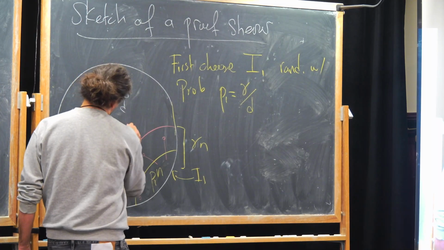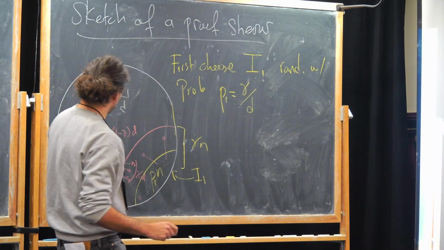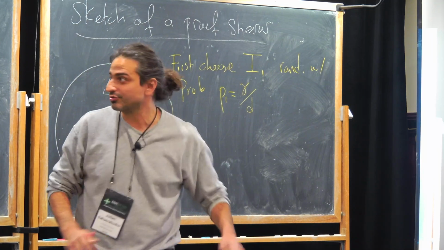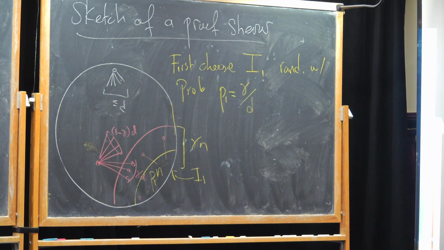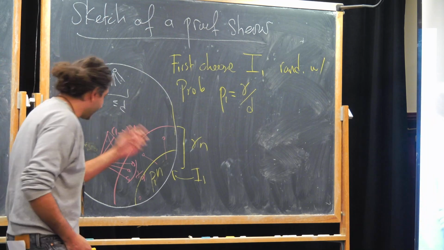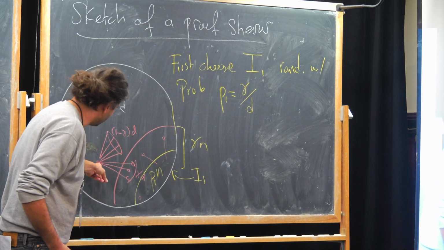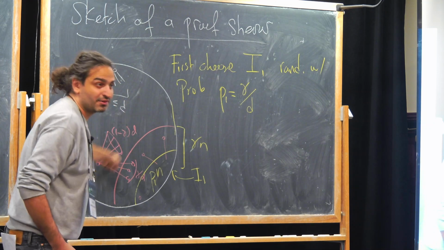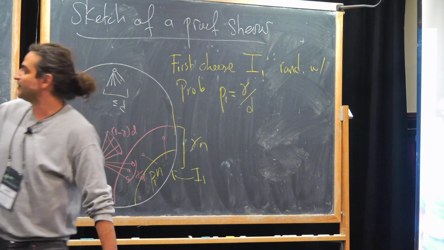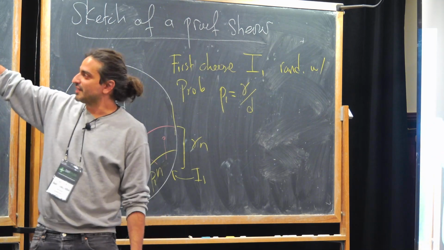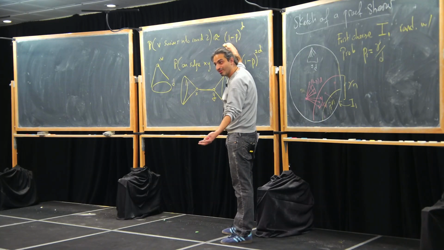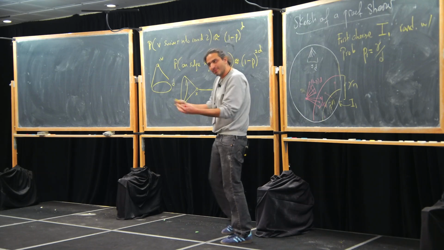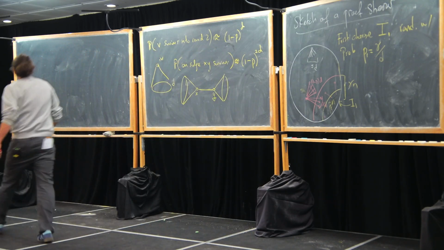And the number of neighbors that survive is like 1 minus gamma times d. So I've sort of deflated the entire graph in this natural way. So since I'm not really proving anything, I'm just arguing for you, I just want to calculate the average degree in the remaining graph. Well, I know how to do that because I know the probability a vertex survives. So I know the average number of vertices. I know the probability an edge survives. So I can get some idea of what the average degree is.